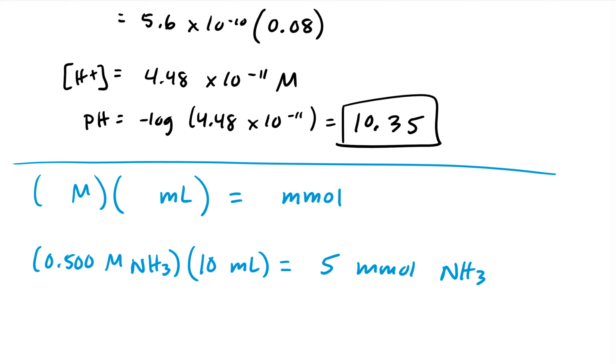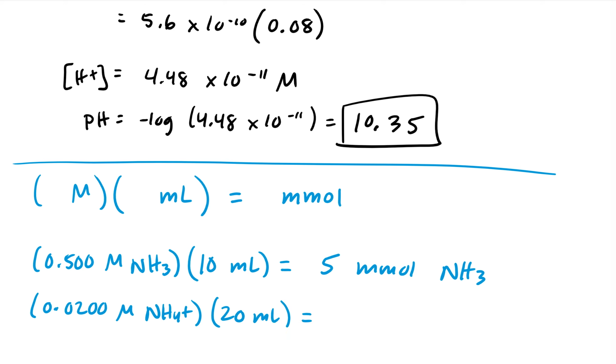Okay, notice how that math is so much easier. 0.5 times 10, just move the decimal point one time, boom, it's 5. I can repeat and do the same thing for ammonium. Its molarity is 0.02 molar times its volume in milliliters.